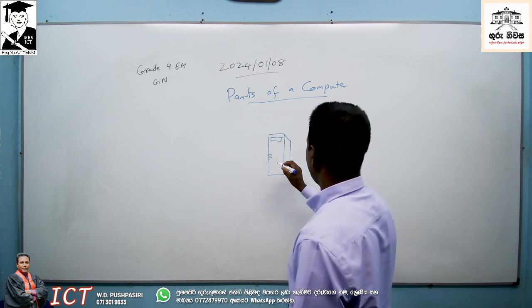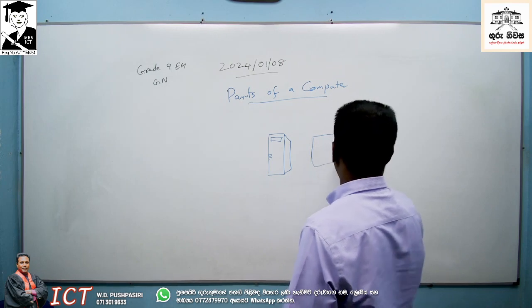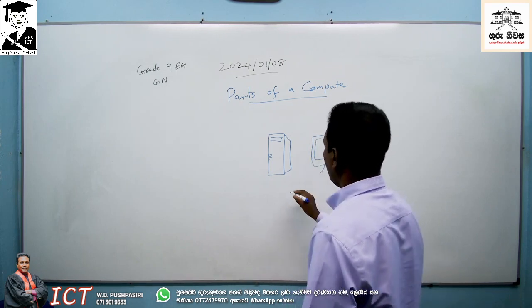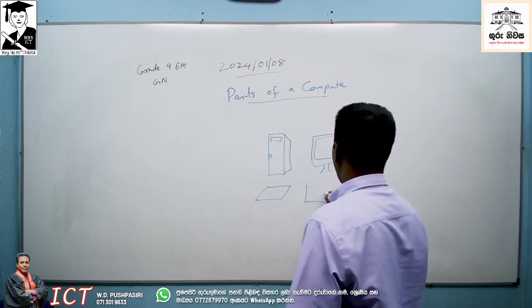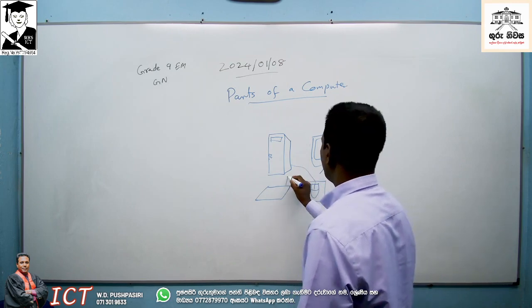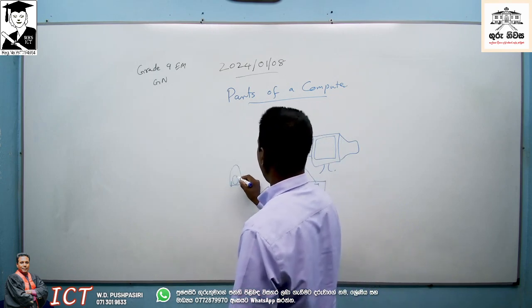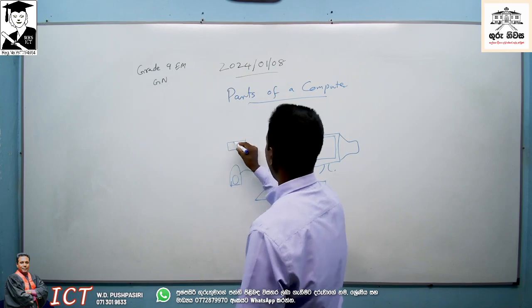This is the system and then this is the monitor, and this is a keyboard and this is a mouse. So everything has to connect to the system unit. Draw the parts something like here.